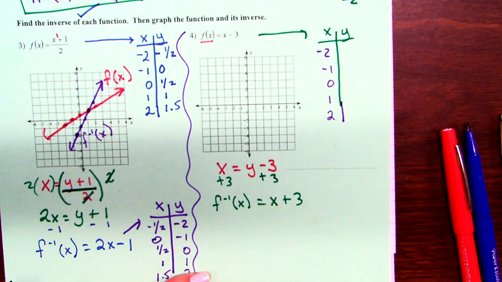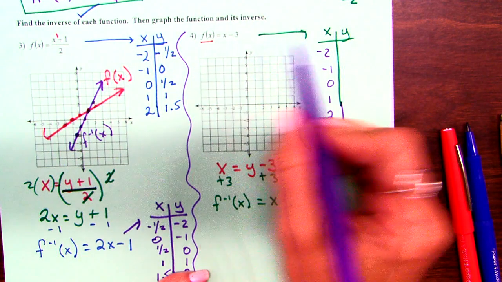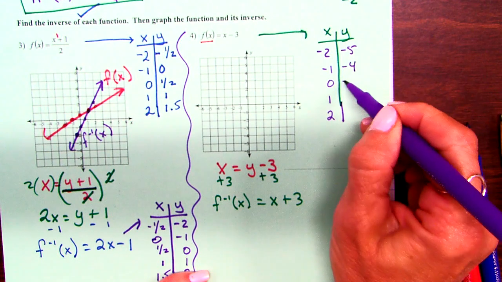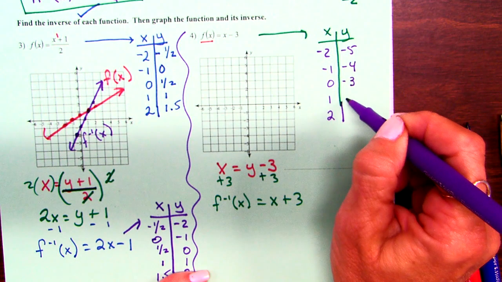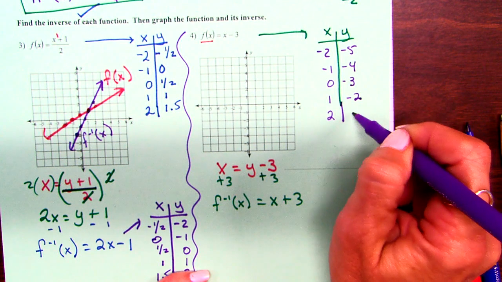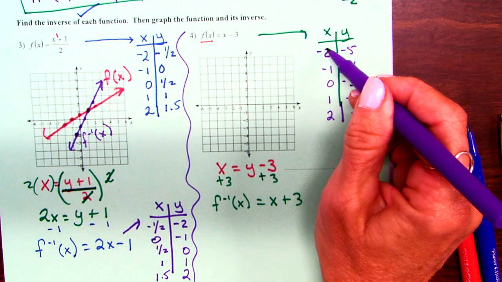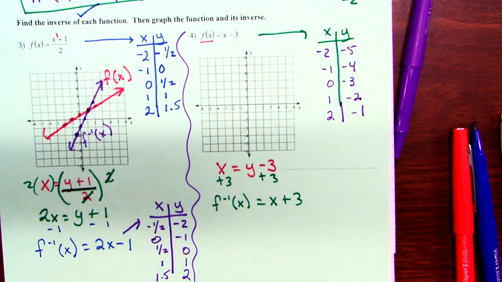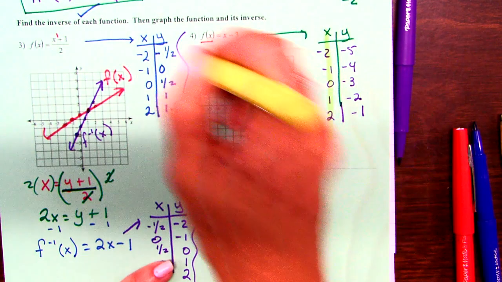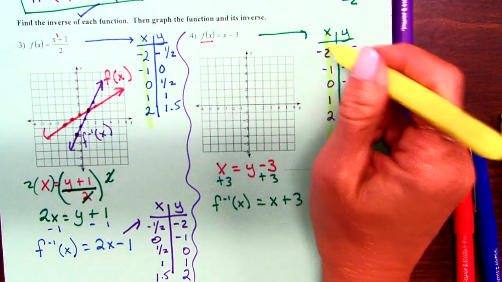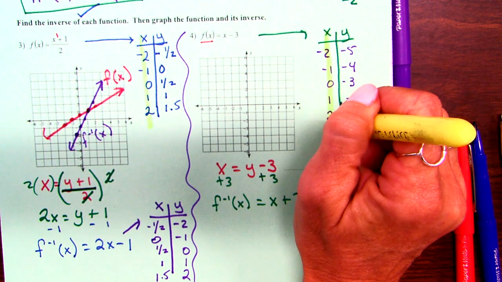I would pick up the calculator if this was the test, and I'd plug in -2 minus 3, -1 minus 3, 0 minus 3, 1 minus 3, 2 minus 3. The -2 to 2 is standard, if you will. We always use those values, okay? So you're always going to use -2 to 2.